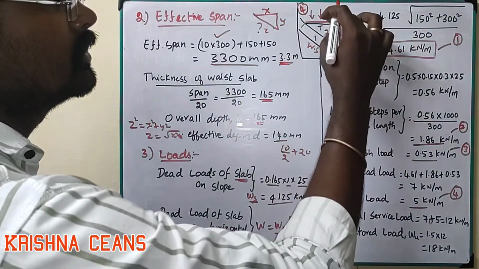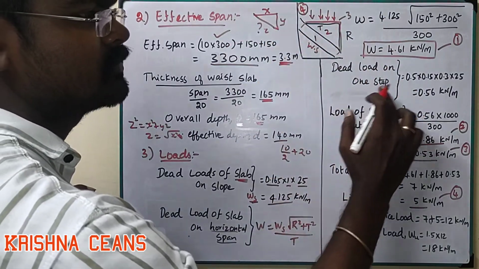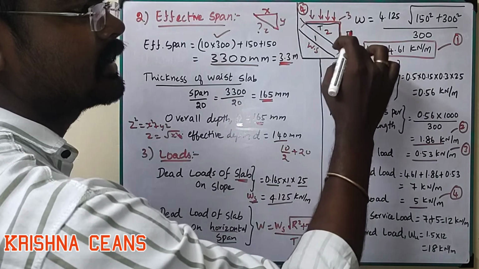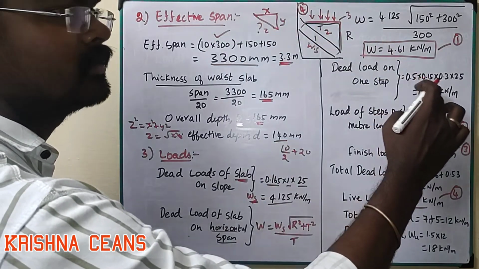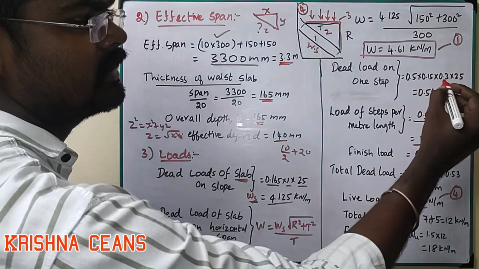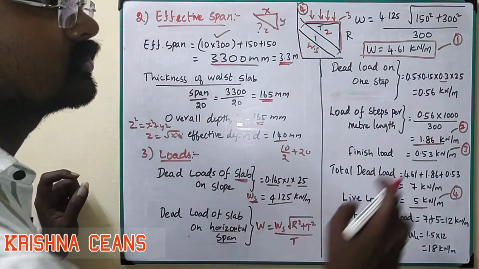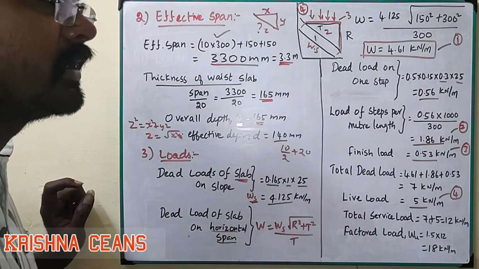Then second one, dead load of one step. So dead load of one step is nothing but it is triangular in shape. So W equals 1 by 2, that is 0.5 into rise 0.15, tread 0.3, then unit weight of concrete, so 25. So we will get 0.56 kilonewton per meter.